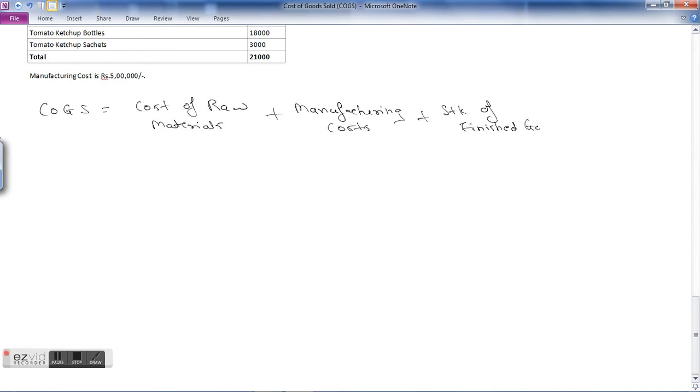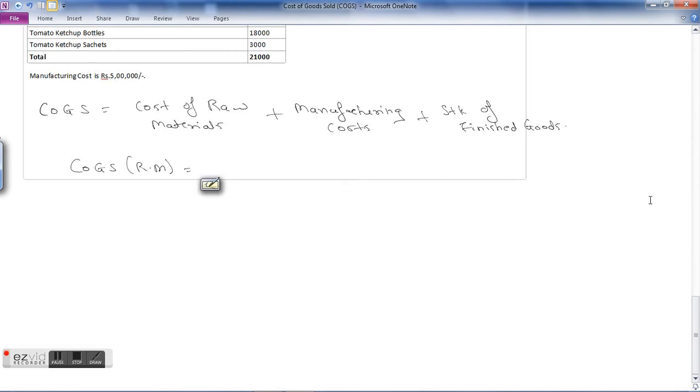That is the cost of your finished goods. Okay, now first we'll see what is raw material. Okay, COGS raw materials we'll calculate.